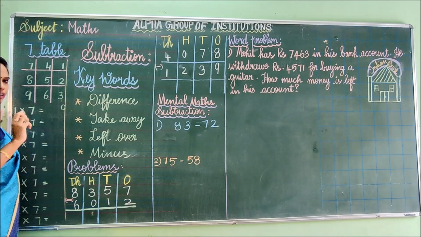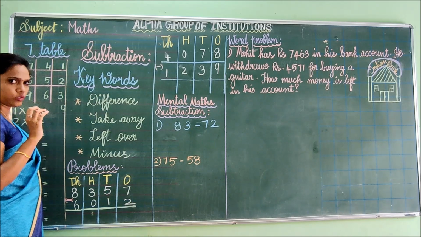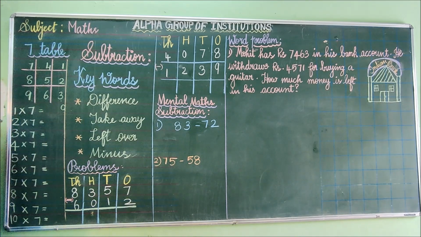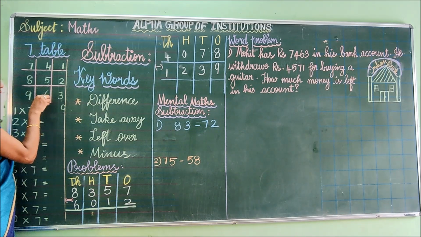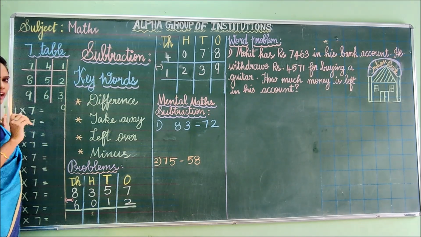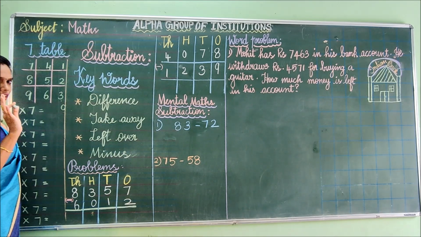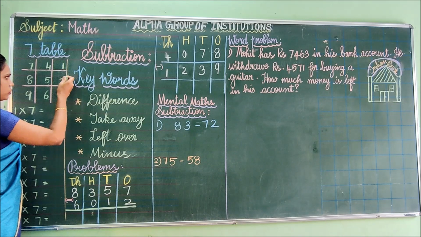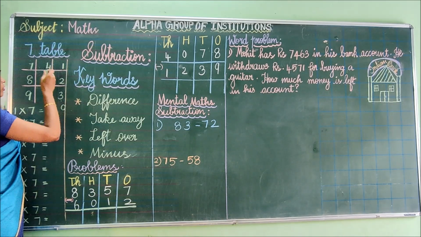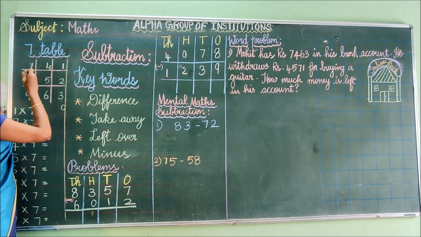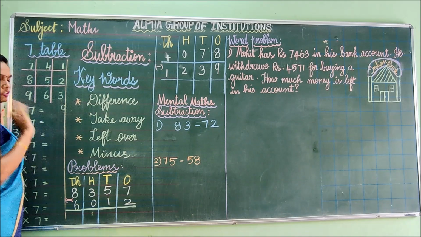Instead of 10 what have I written here? 0. So I have written the numbers from 1 to 10. Instead of 10 only I have written here 0. Just 0 to 9 we have written. See, 1, 2, 3, 4, 5, 6, 7, 8, 9, 0.